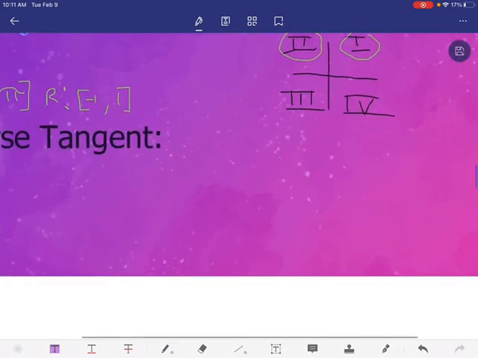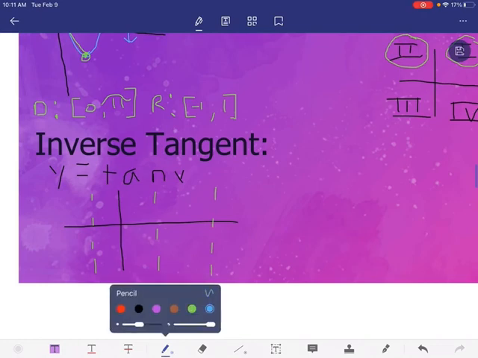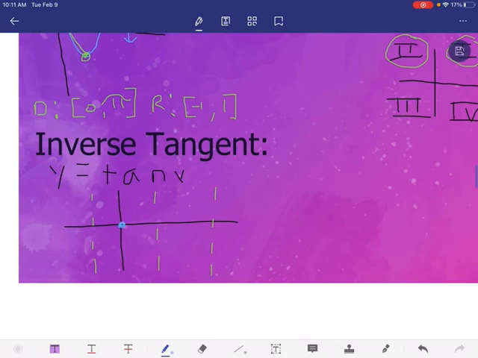Now, thinking back to our tangent function, remember that our tangent function starts and ends at an asymptote. It goes through our origin, which is at (0, 0).